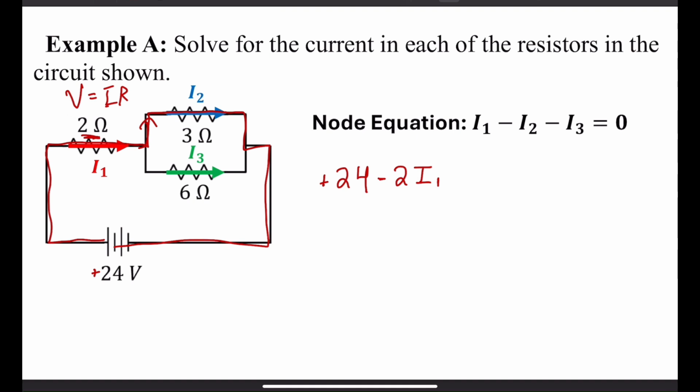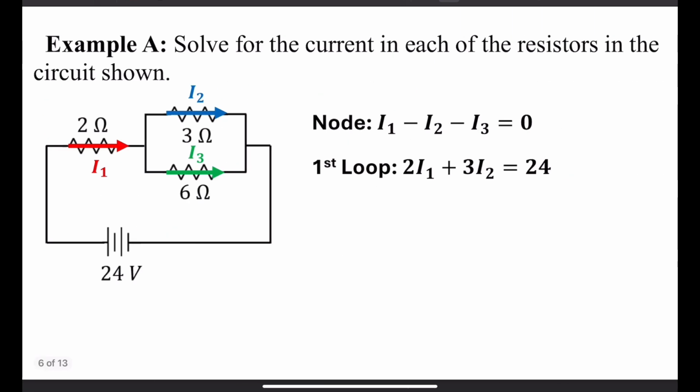Then it goes up to the 3 ohm resistor, and again using Ohm's law, it's going to drop a voltage of 3 times I2. And the result of that, because now we're going back to the battery, has to be 0. And again, I'm going to rearrange this in a form that I can give to a solver, and it'll give me the answer quickly. Okay, and that turns into that.